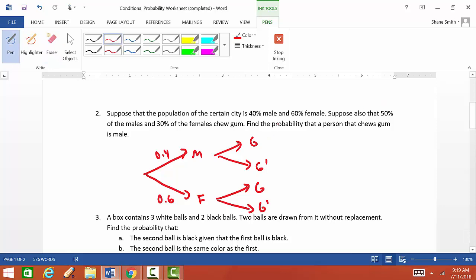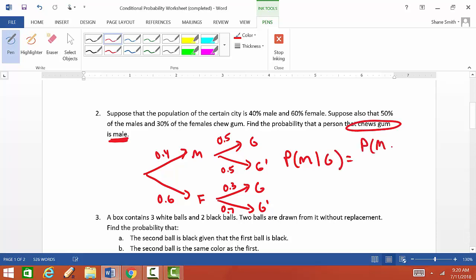The males: 50% chew gum, which means 50% do not, and 30% of the females chew gum, 70% do not. So we want to find the probability that a person that chews gum is male. In other words, the probability we're trying to find is that they're male, and we're given that they chew gum.